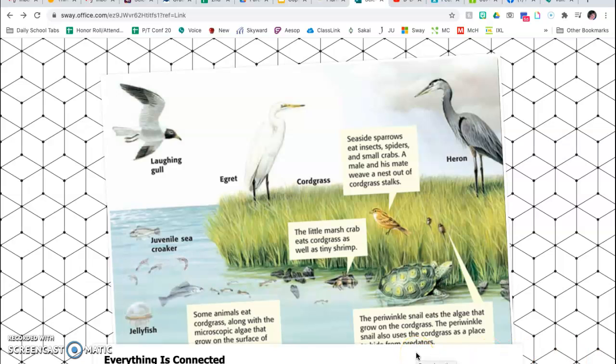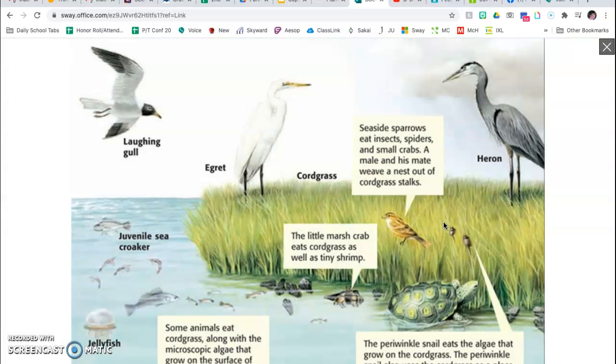So the point here is you need to see that everything within an ecosystem is related. It is connected. If one thing depletes, then whatever depends on that to live, its population will also go down.